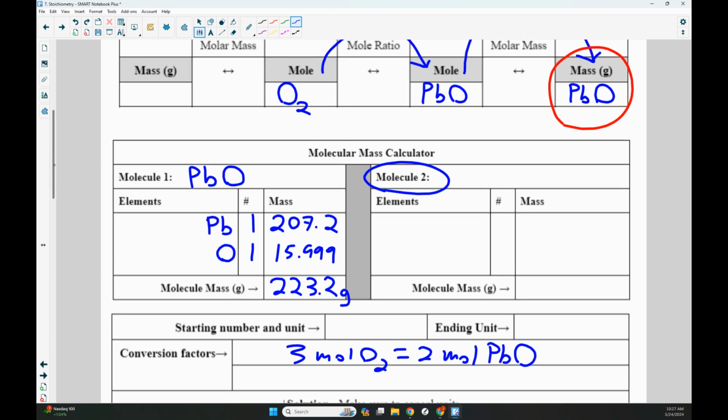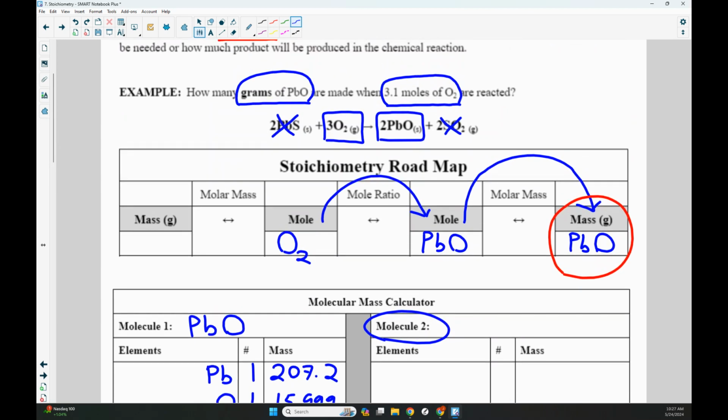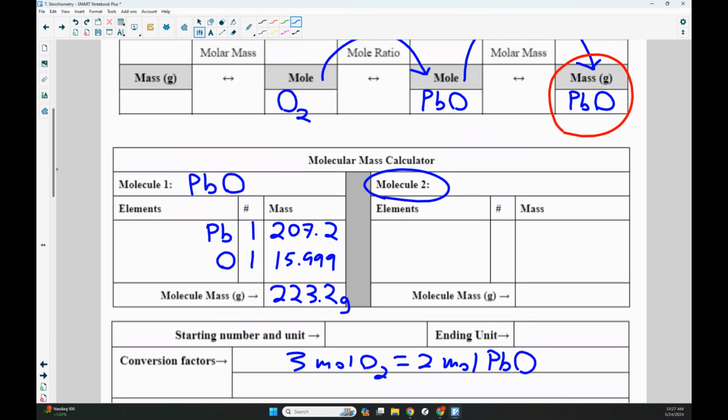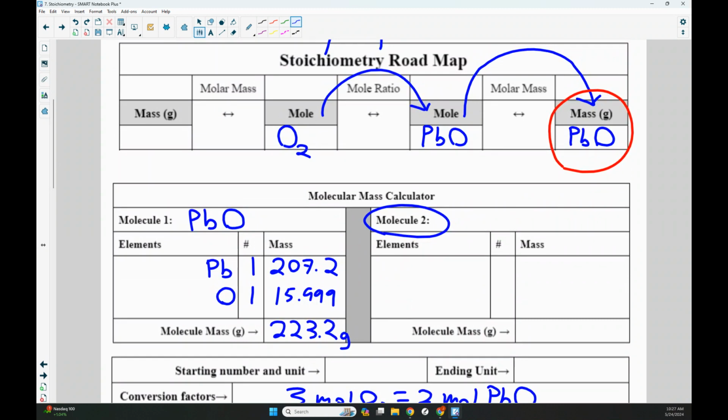And again, I get that from the equation. 3 moles of oxygen for every 2 moles of lead oxide. So that's going to allow me to convert to moles of PbO, but then I need to convert to grams of PbO.